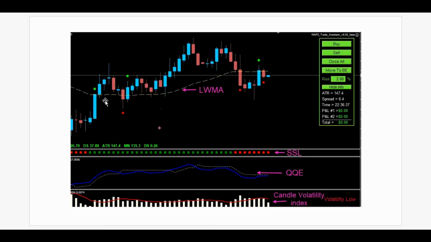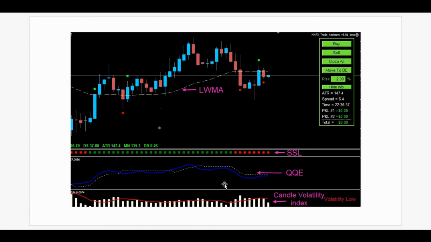Okay, so my baseline is a linear weight moving average. My C1 is the SSL. Now, this is the SSL quick bar, or quick SSL. So that's why it shows up like this rather than the channel. I just think this is easier to see.